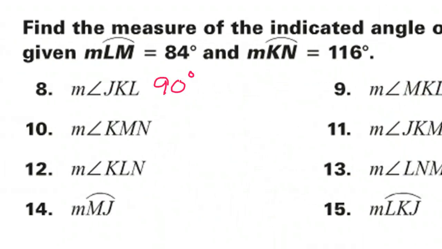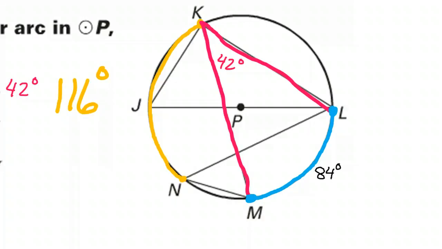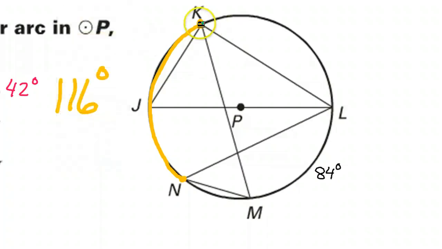Okay, let's move on to number 10. Angle KMN. Once again, I'm just going to keep starting over every time. It looks like we already have the intercepted arc highlighted, don't we? Because we were given that arc NJK is 116 degrees, and that is the intercepted arc.